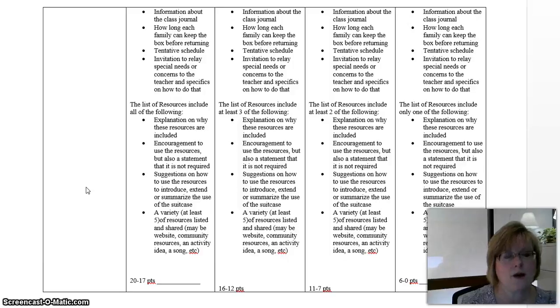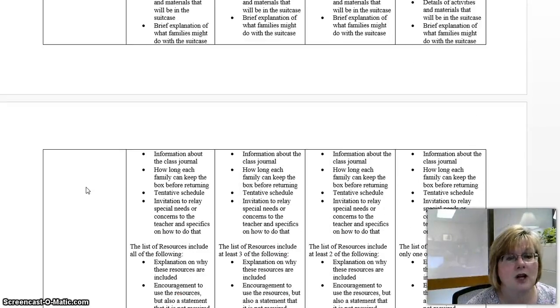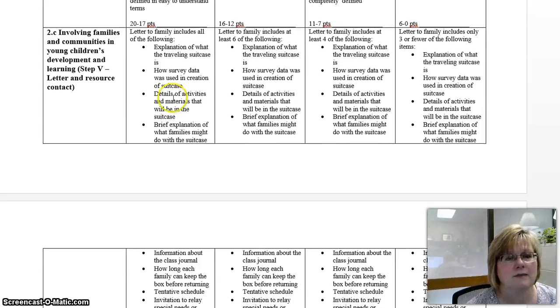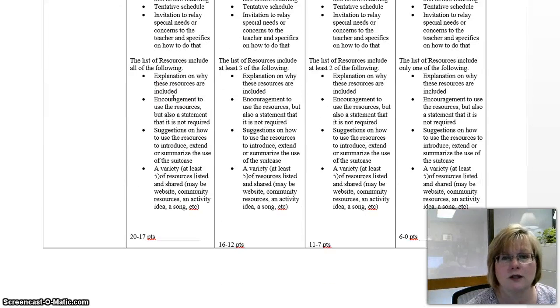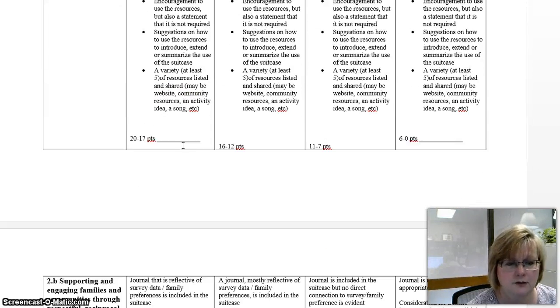And it may be a website, community resources, an activity idea, a song, any of those things would be fine. So that is a pretty long list right there, but that's everything spelled out, almost exactly what you need to include in your letter and then your list of resources.